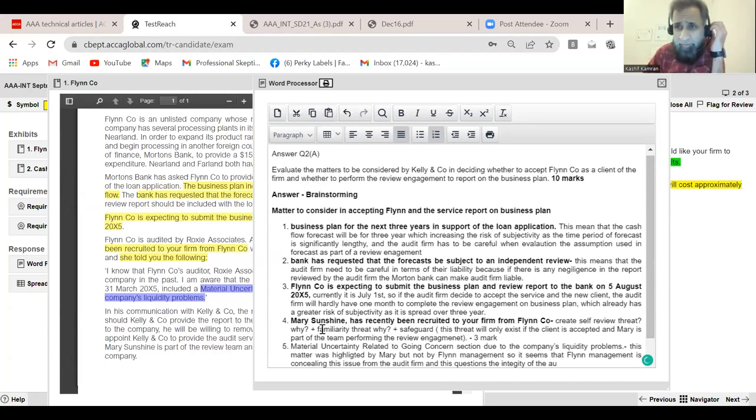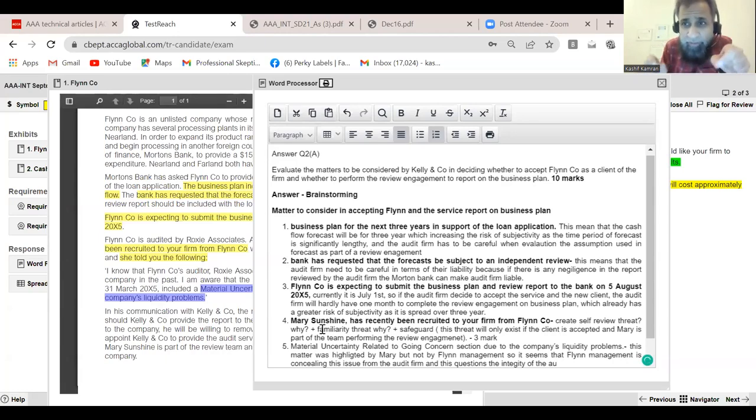No, see, we cannot take assumptions, Saleha, so drop the point. We are accepting a new client, so it is primarily the responsibility of the management to disclose information to you directly. Auditor can read the previous report. Auditor can read the newspaper. But you need to understand that it is primarily the responsibility of the management to disclose important things about the company directly to the auditor, which they're not doing.